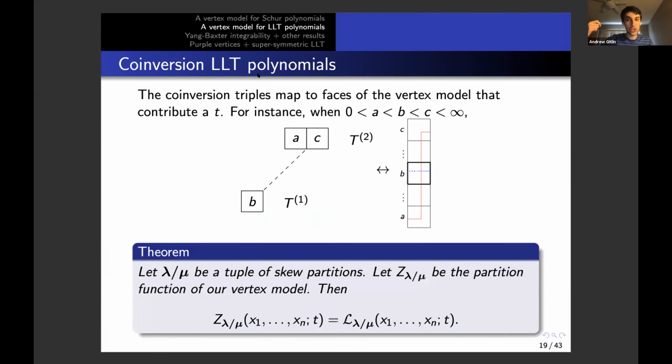The way that we chose the powers of t correspond exactly with co-inversions.